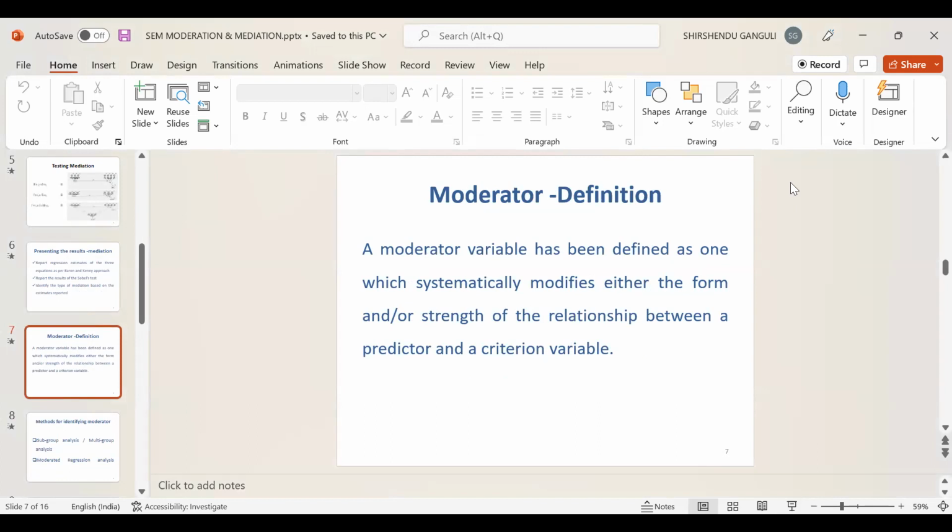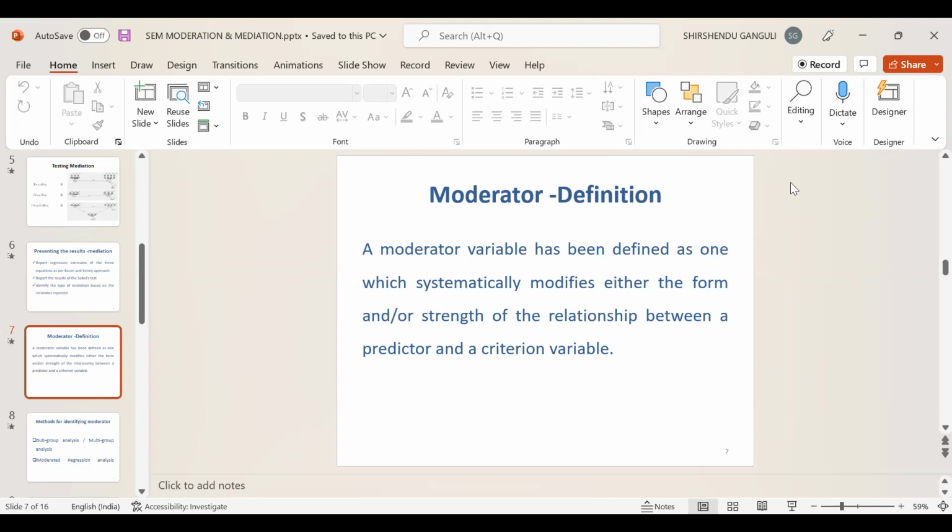Now, moderation is also checked through normal regression. You have a moderator variable, and you create a new variable by multiplying the X and the moderator variable, which is known as the interaction variable, and check for the interaction effect, whether it is significantly affecting Y or not.